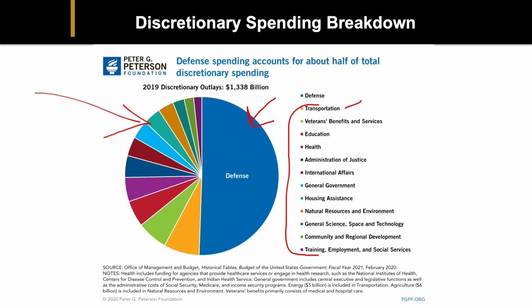Spending on transportation, veterans benefits and services, spending on education, health, administration of justice, international affairs, just general government spending, housing assistance, natural resources and environment, general science, space and technology, community and regional development, training, employment, and social services. So a lot of categories here for this discretionary spending.